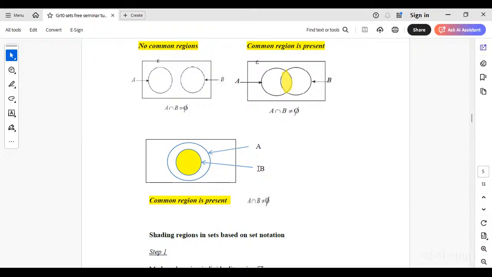Because B is inside of A. Therefore, the ones in the common region belong to both B and A.